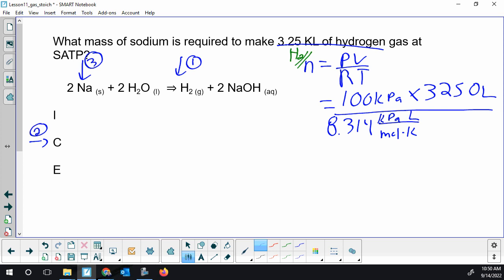We have a non-significant 0 shows up as a placeholder. Last, we need our temperature from STP, and that's 298 Kelvin to 3 sig figs. Okay. Again, you could use the 0.15, 298.15.